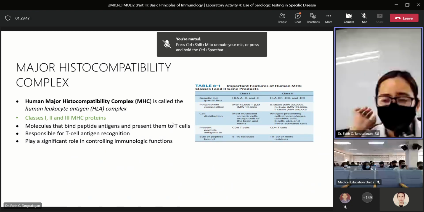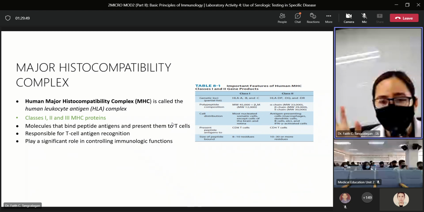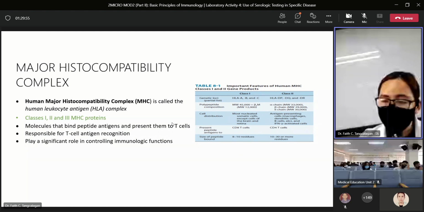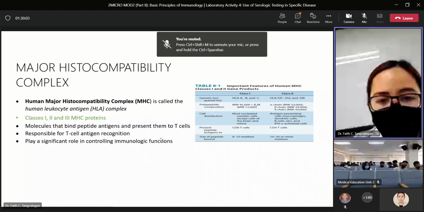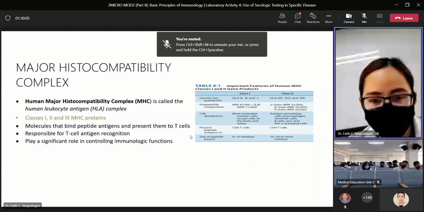If that particular T cell is a CD8, then it binds to the class 1 MHC molecule and not to class 2. The larger molecule is the class 2, which has 10 to 30 residues.